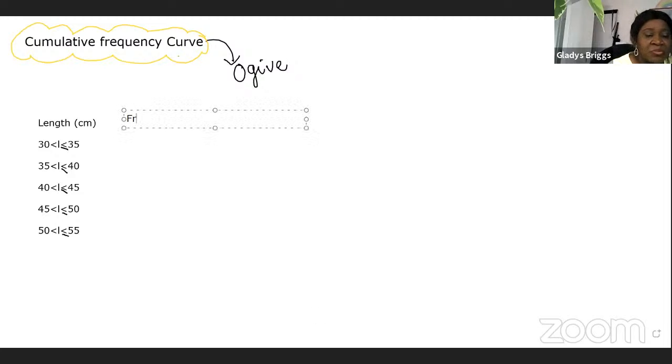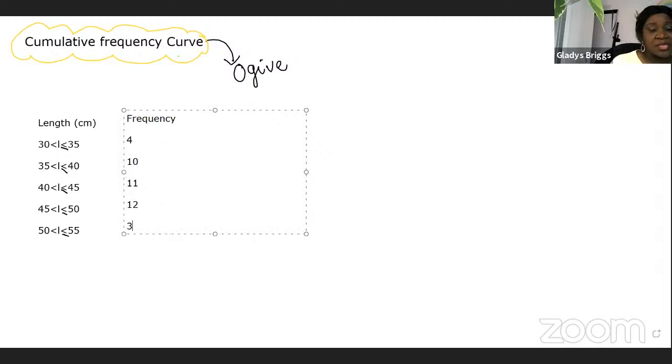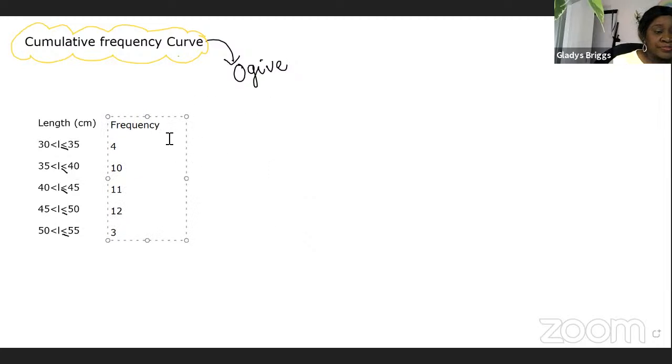We're going to make a column for frequency. For the first class, you got 4, and the next one is 10, and the next one is 11, and the next one is 12, next one is 3. So that's our data in. Let me just finish off that table by putting in the lines.